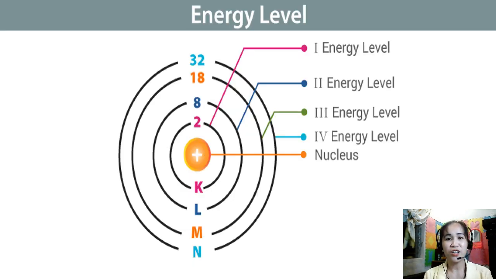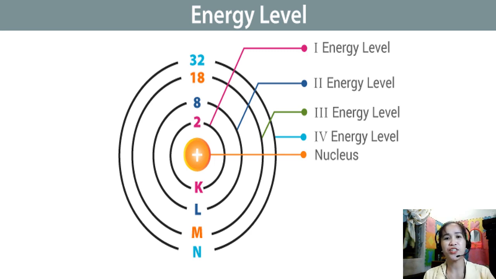The lowest energy is the one nearest to the nucleus. As you can see, the energy level that is nearest to the nucleus is the lowest energy level. It can hold only 2 electrons.